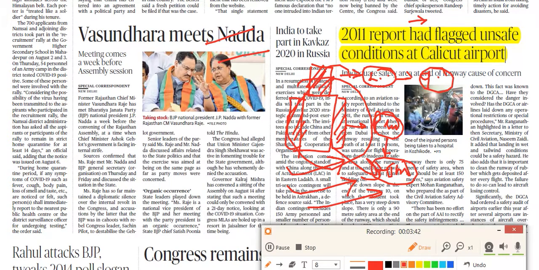Because in your public administration optional paper 1, there is one unit called organization, and in that unit you will get a subtopic called regulatory bodies. And when it comes to this news article and this particular happening, we are witnessing the role of the Directorate General of Civil Aviation.